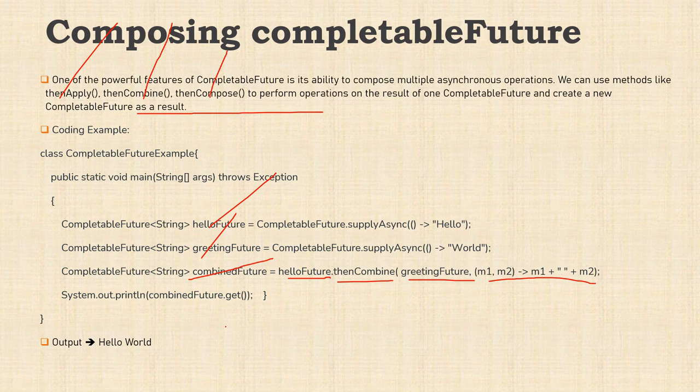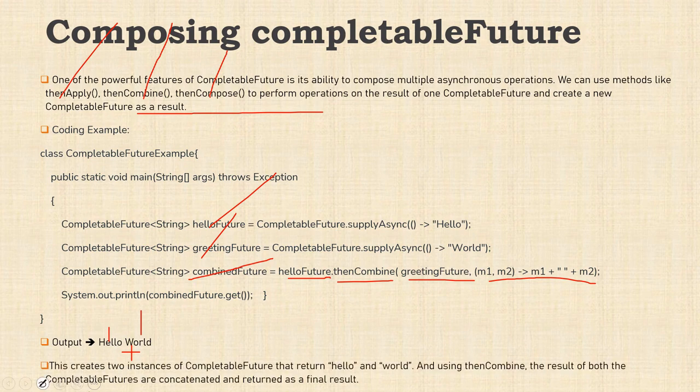We are combining it, so our output will be "Hello World". This is the concatenation: hello plus world, Hello World. Like this we can compose with CompletableFuture. It is possible, but it's not possible in the Future interface.